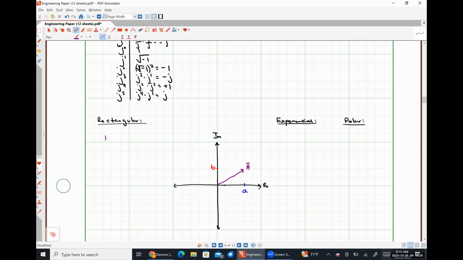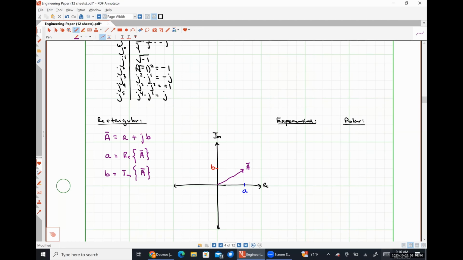This complex number A is represented in rectangular form as a plus jb, where lowercase a is the real part of complex number A, and lowercase b is the imaginary part of complex number A. So in rectangular form, this is nothing more than a 2D vector like you would have seen in your math and physics classes, right?